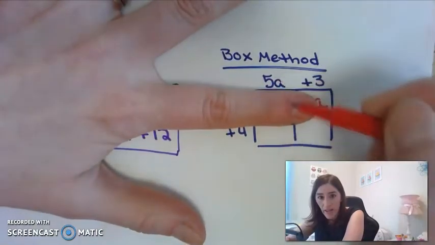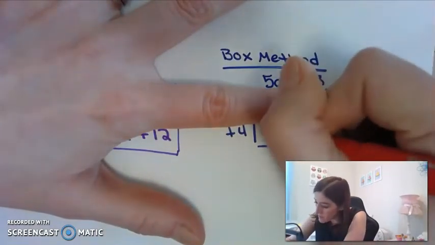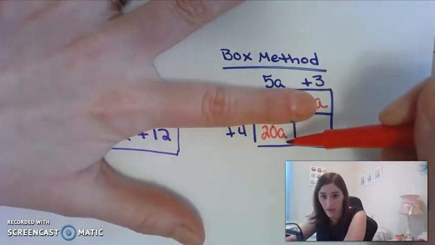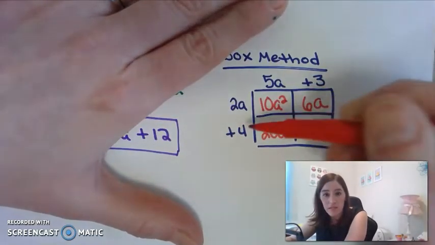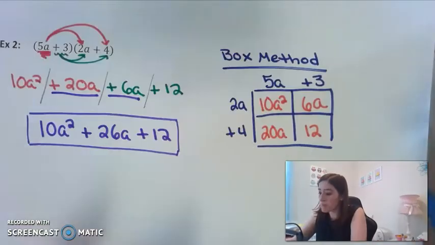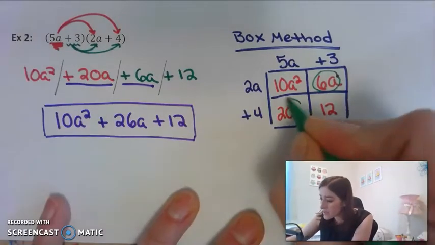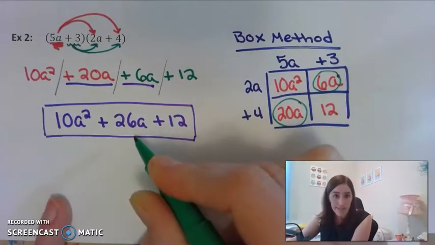I'm doing 5a times 4, which gives me positive 20 a's, and it's easier for me to see that I should have an a on that one. And then at the end, 3 times 4 gives me a positive 12 for this box right here. And if I combine the like terms, 6a and 20a combine to give me 26 a's.